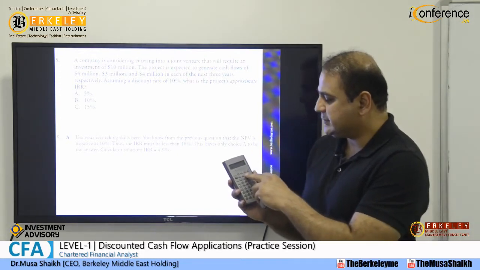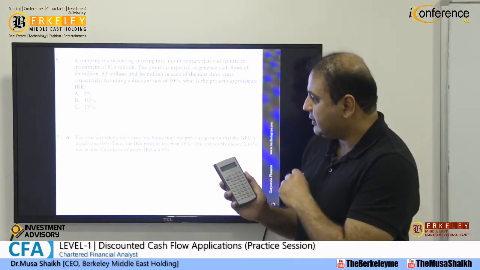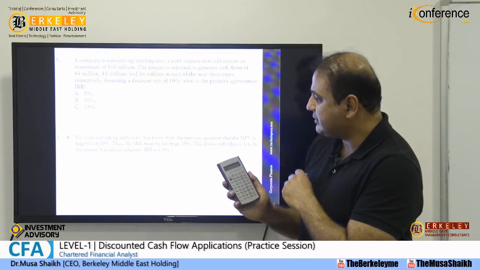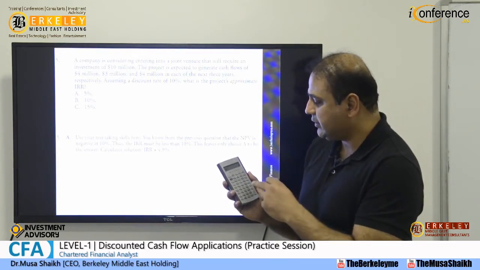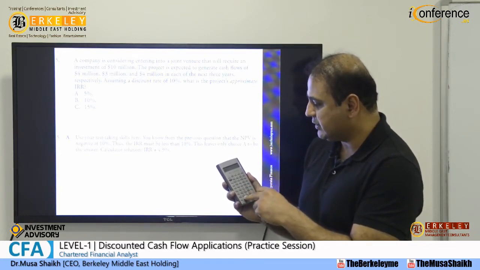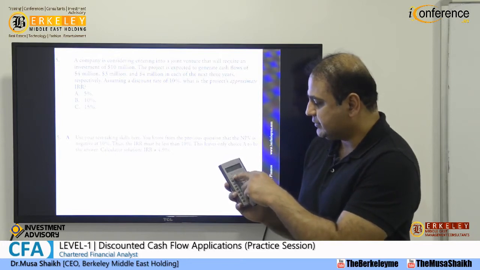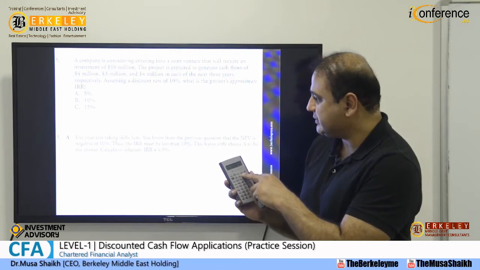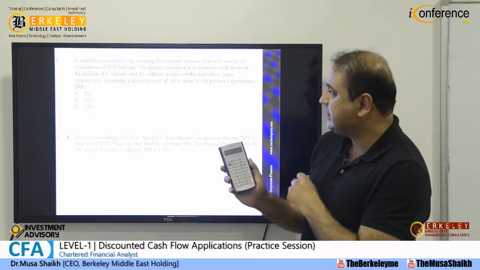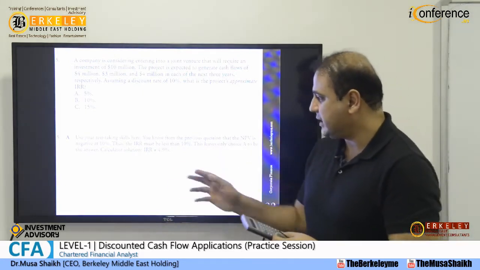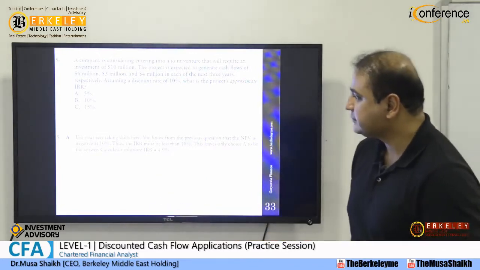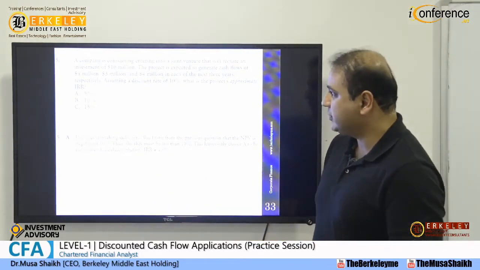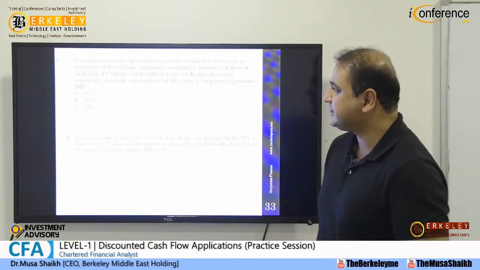Then you will press IRR, and then compute. This is 4.92, so that is the right answer. You can round it off, so it will be 5%.